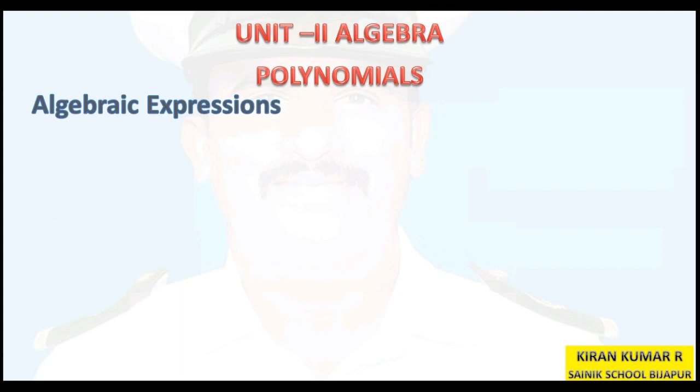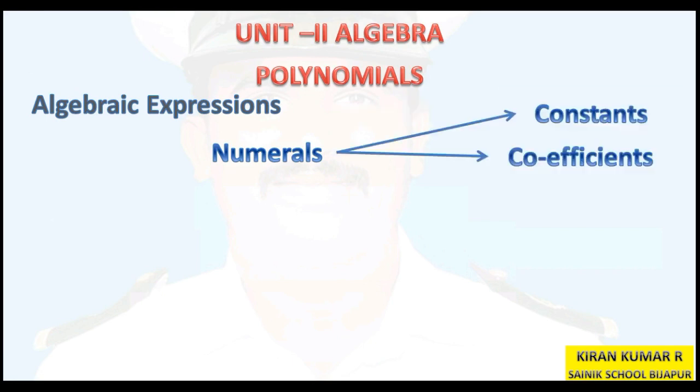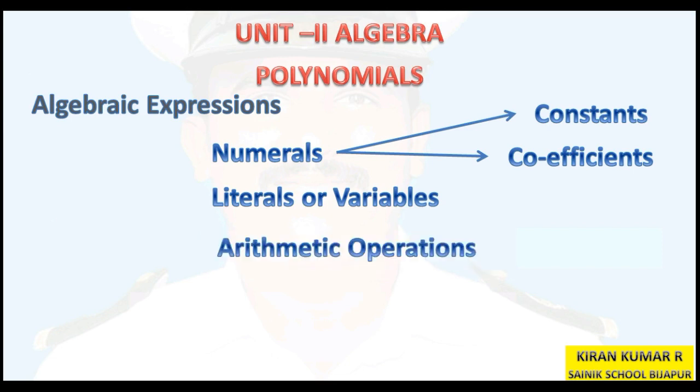Algebraic expression is combination of numerals, literals and arithmetic operations. Numerals are nothing but constants and coefficients. Literals are variables. They are nothing but the alphabets used for representing a particular thing, unknown. Algebraic expression also contain arithmetic operations.